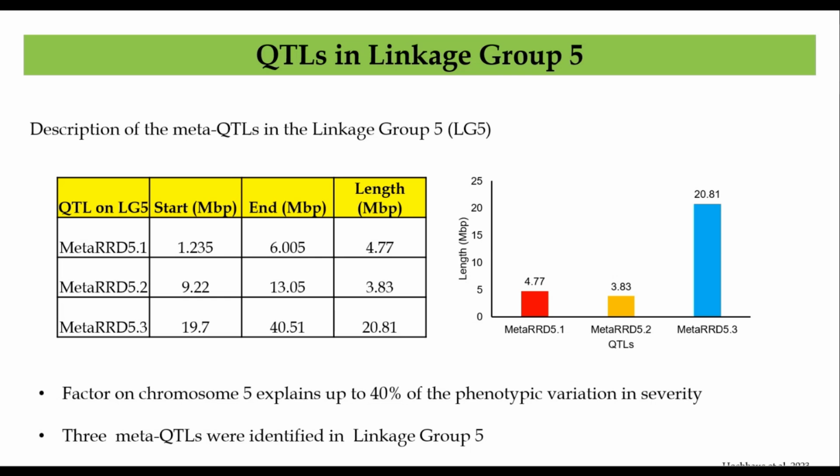So they reported 3 meta QTLs. I don't know why the slide is a little bit cut down here, so I cited their work there as well, if Dr. Oscar is wondering. They reported in 2023 3 meta QTLs that are explaining 40% of the variation in disease severity for Rosette disease.